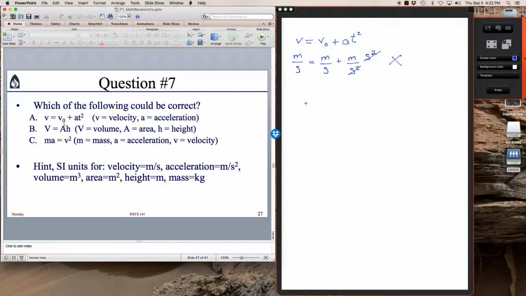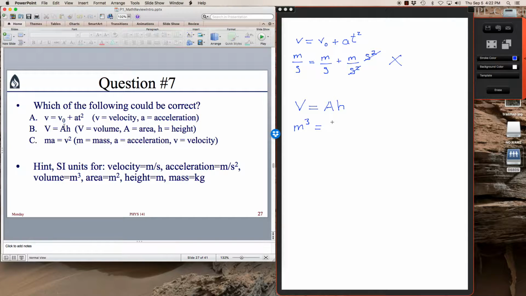That can't be correct. What about B, which insists that we have a volume here. So here, this is a different V. Instead of a little v meaning velocity, this is a big V meaning volume, is equal to area times height. Volume has units of meters cubed.